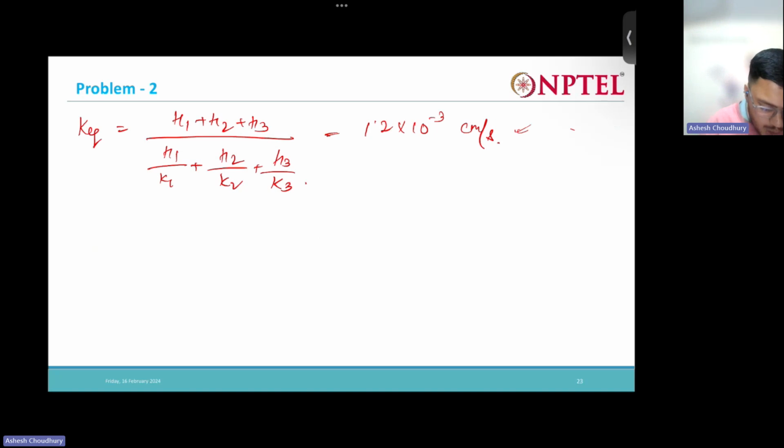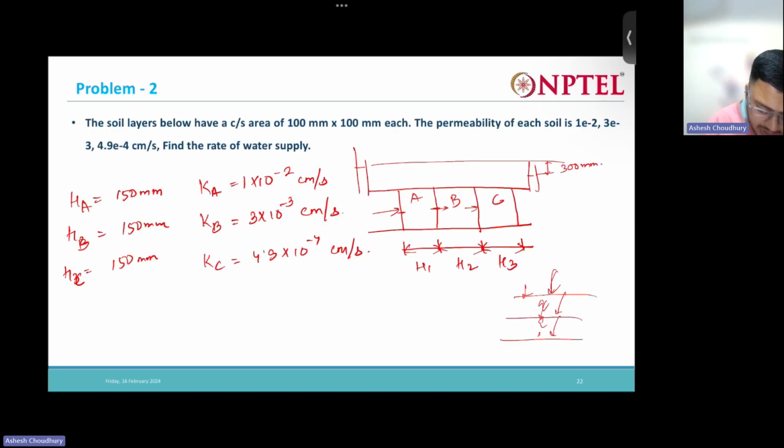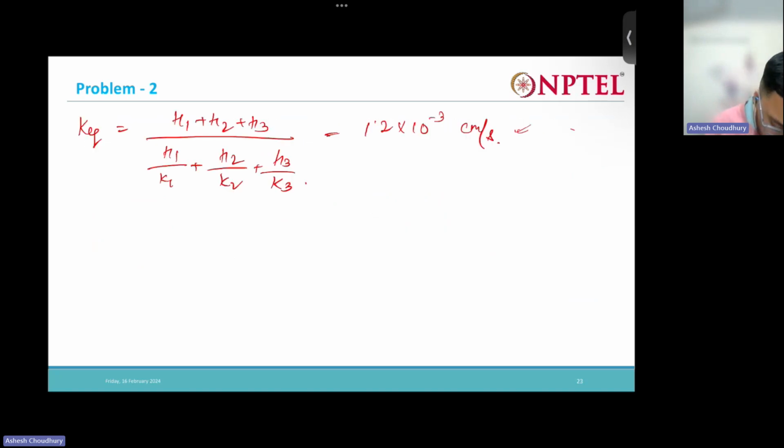So if we have determined K equivalent, we just need to find the rate of water supply. So how can we calculate the rate of water supply? Nothing but Q is equal to K equivalent into i into area. So it's 1.2 into 10 to the power minus 3. What is i?